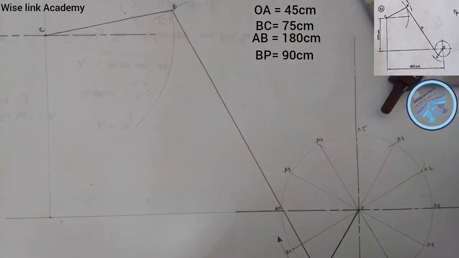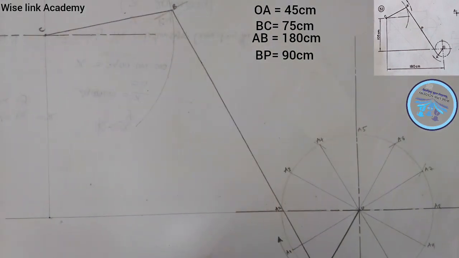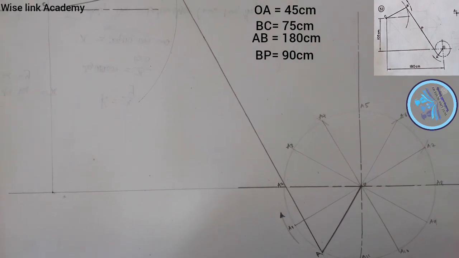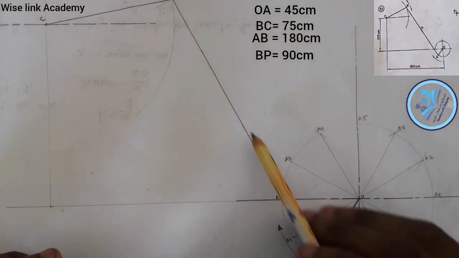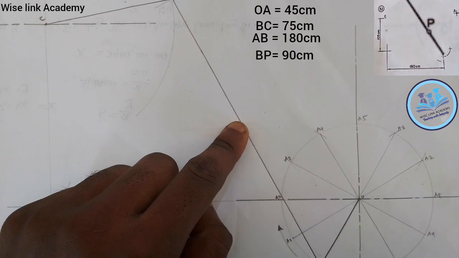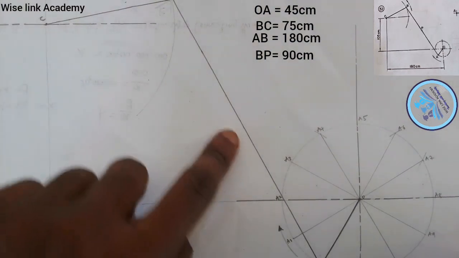Now as you can see, I have successfully connected point B to my point A. Let me show you my point A. At this line BA, I mean this straight line here, there is a point P located, as you can see at the right corner of the screen. And they said our distance BP is 90, that is from B to somewhere here is 90.